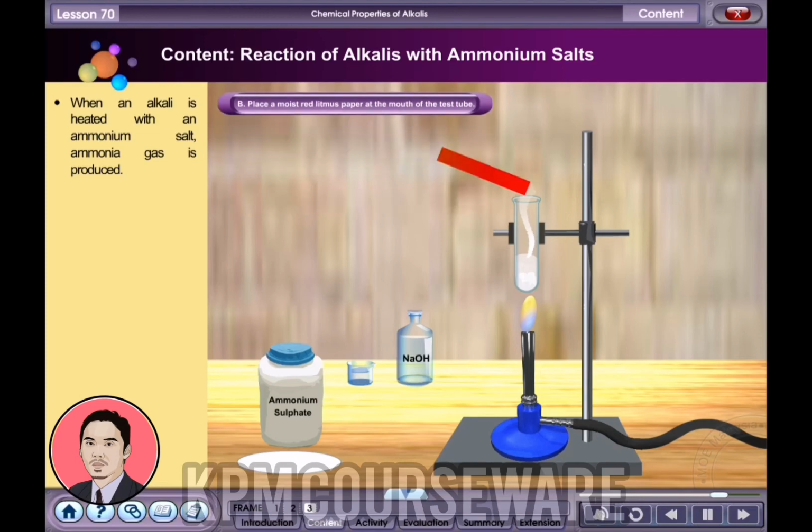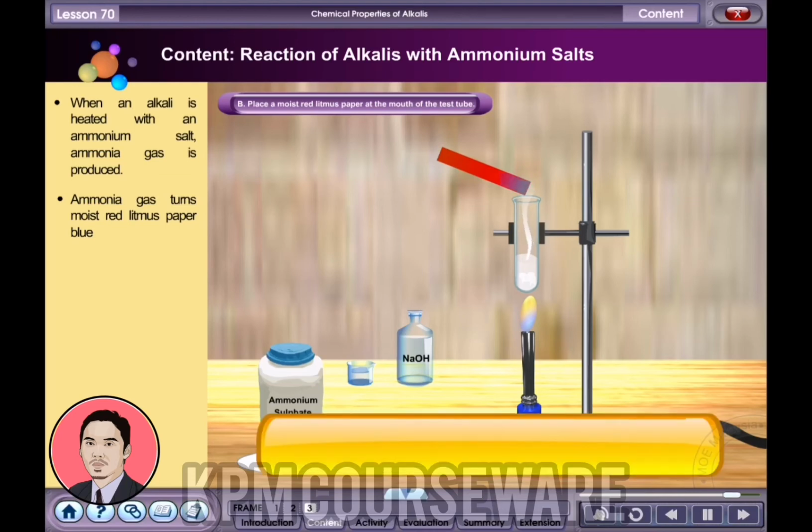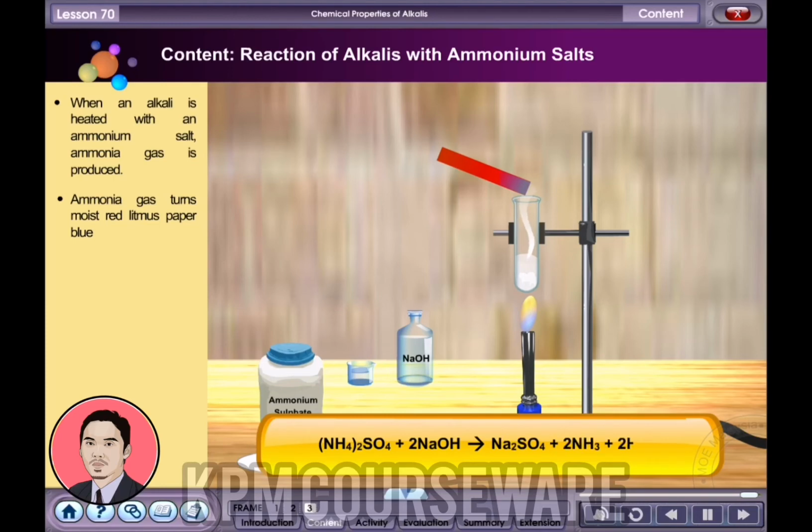The gas liberated is ammonia, which turns moist red litmus paper blue. When an ammonium salt like ammonium sulfate is heated with an alkali like sodium hydroxide, ammonia gas, water, and salt are produced.